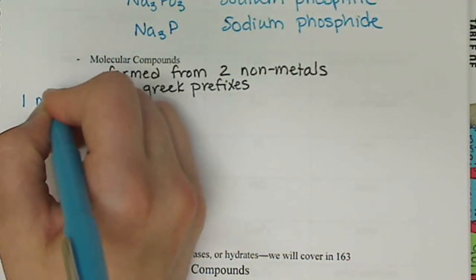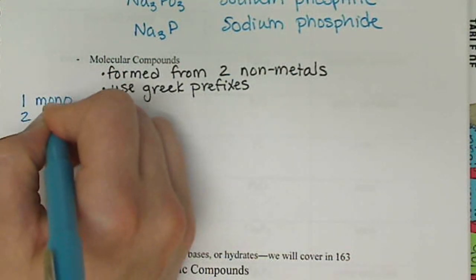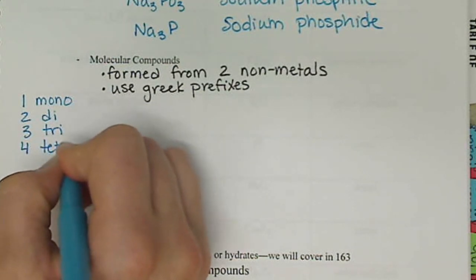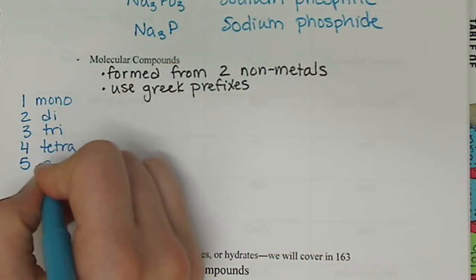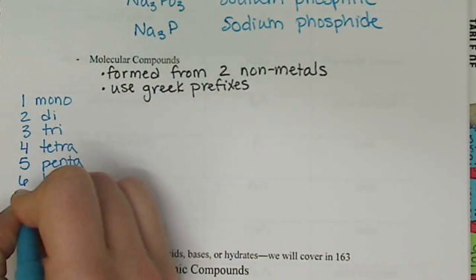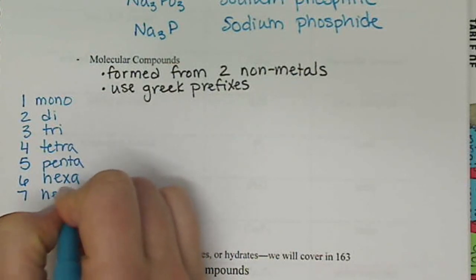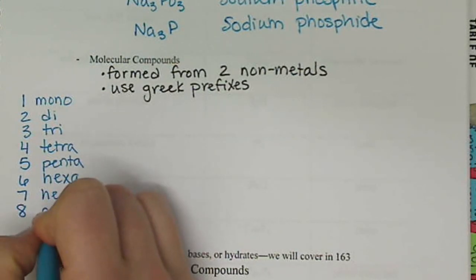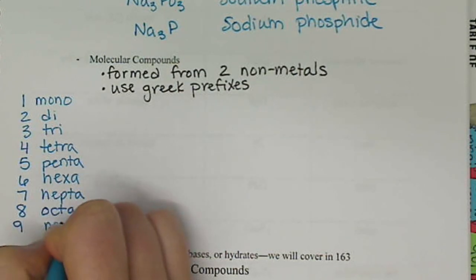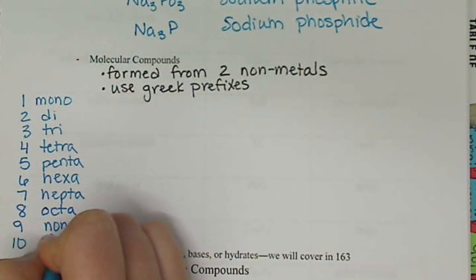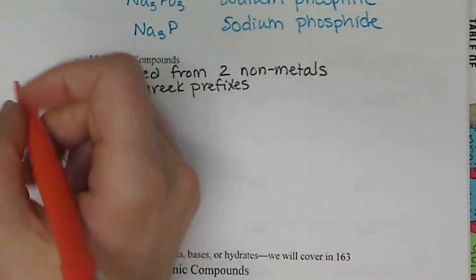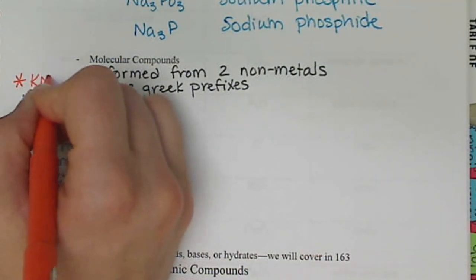So 1 is mono, 2 is di, 3 is tri, 4 is tetra, 5 is penta, 6 is hexa, 7 hepta, 8 octa, 9 is nona, and 10 is deca. There are ones that go beyond this, but you need to know the first 10.